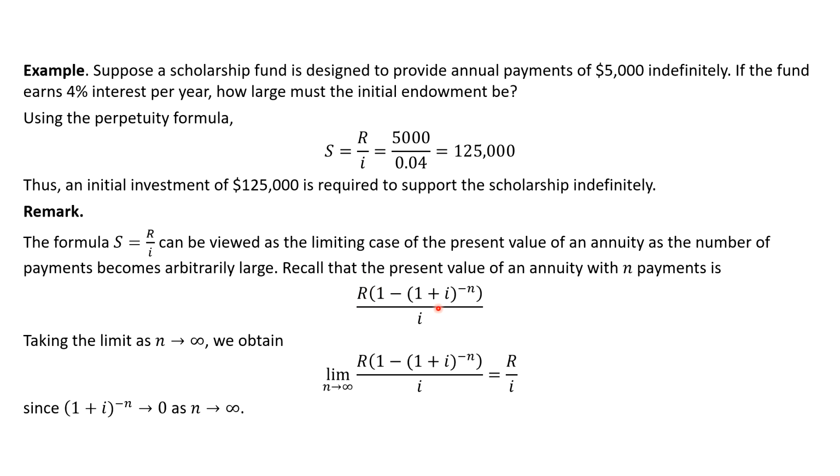So doing a little bit of calculus, if we take the limit as n goes to infinity, this number is 1 over a number raised to a power, but this number is bigger than 1. So this is going to go to 0, and then you're just going to have r times 1 minus 0 divided by I, or r over I. So that's the limiting case.